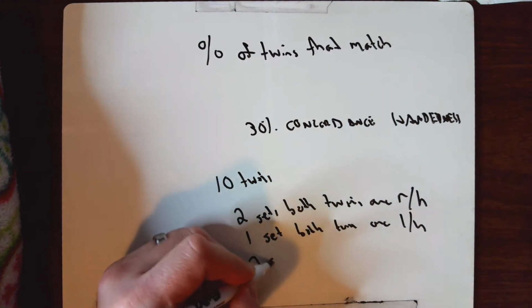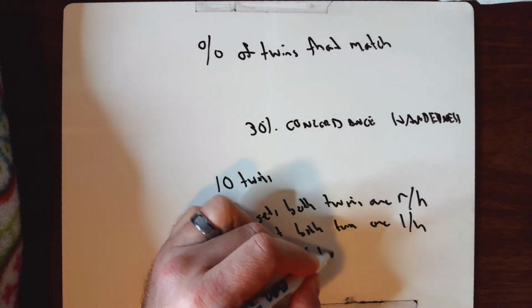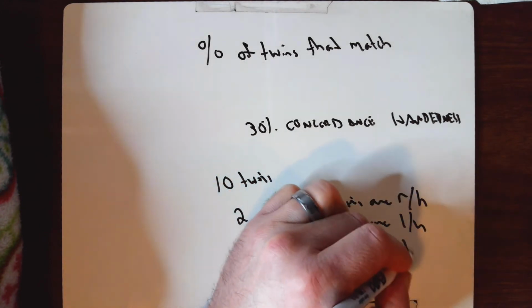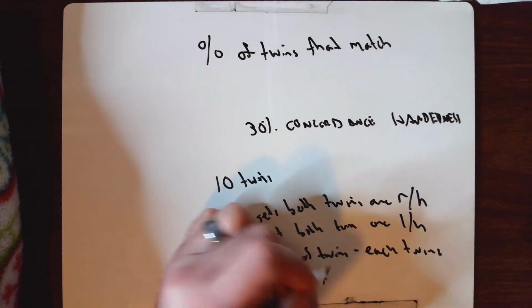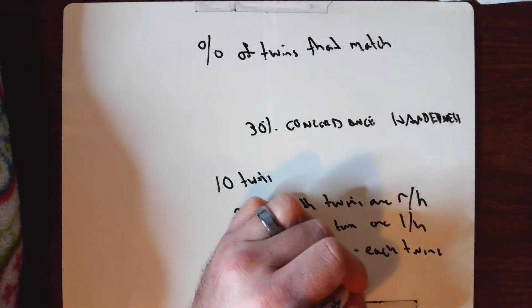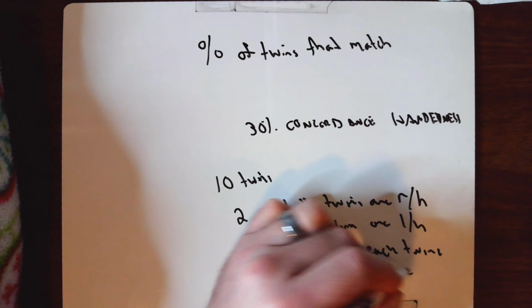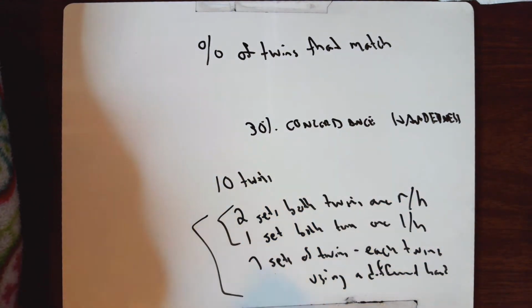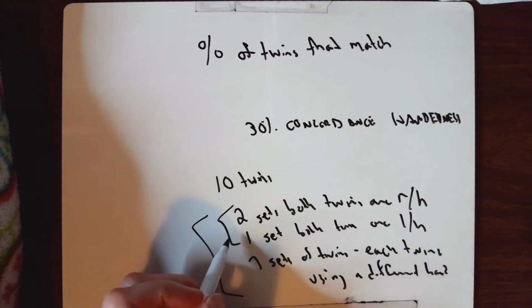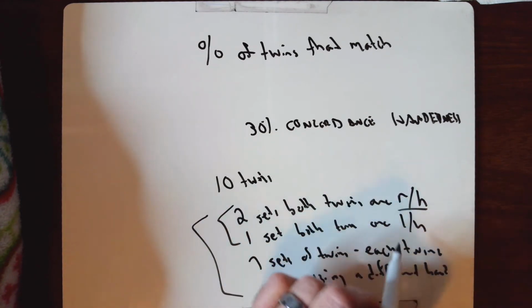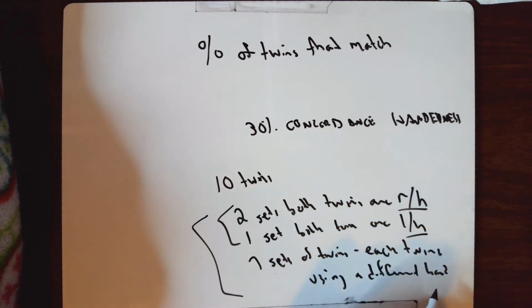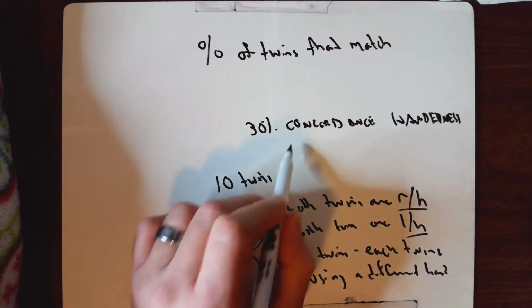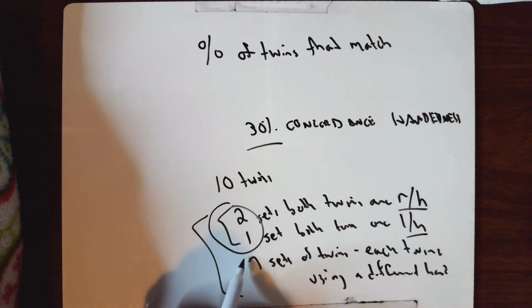And for the remaining 7 sets of twins, each twin uses a different hand. So one is right-handed and one is left-handed. If that's the case, then we've got 30%, or 3 of the total 10 sets of twins, 30% of the twins match for the trait. 2 of them match because they're both right-handed, 1 of them matches because they're both left-handed, but 3 out of the 10, or 30% of the twins, match for the trait, and the remaining 7 sets of twins, or 70%, don't match. So that's all we mean for concordance.